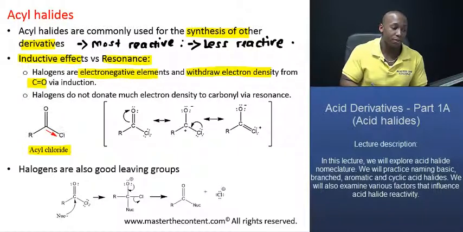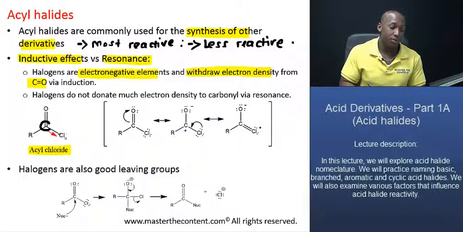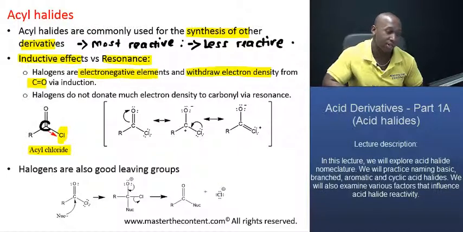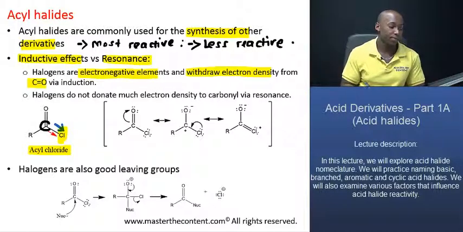I'm talking about this carbon right here. That carbon right there. This chlorine atom will pull or withdraw electron density away from that carbon in its direction.